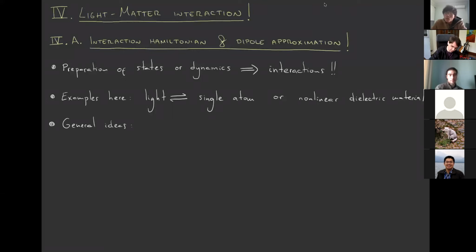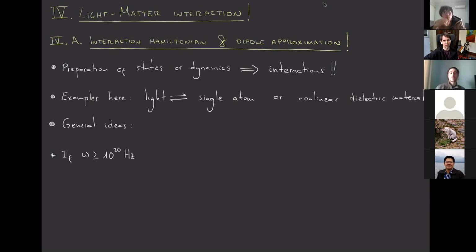Let me start by giving you the models that you would need to use depending on the energy scales that you are at. So imagine that you are working with frequencies of the electromagnetic field which are larger than or around 10 to the 20 hertz.